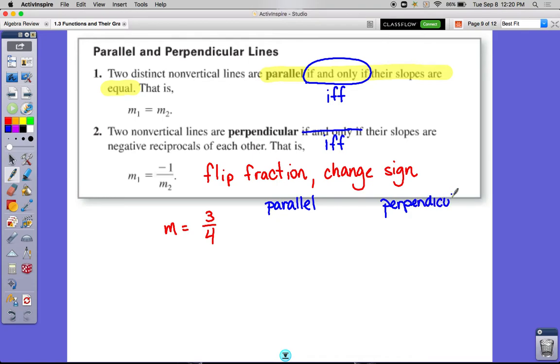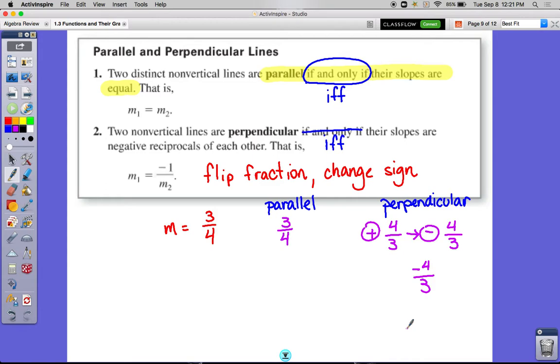Parallel, as we mentioned, is the same. So parallel would be 3/4. Now we also just learned that for perpendicular slopes, you flip the fraction and then you change the sign. So this was positive and now it's going to become negative. So the perpendicular slope, clean things up, is negative 4/3.